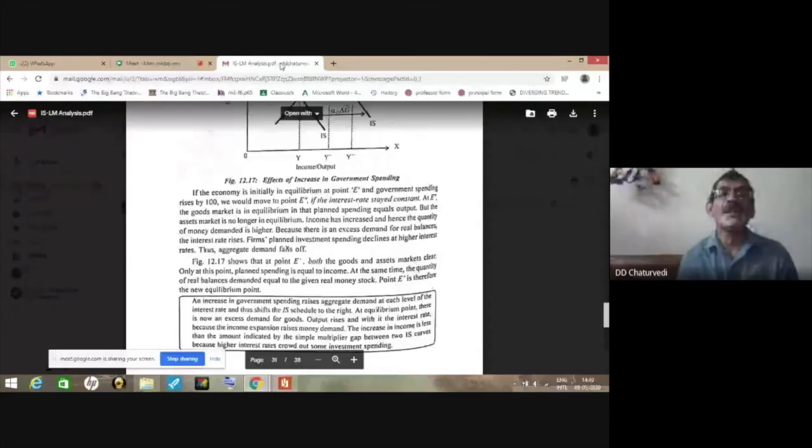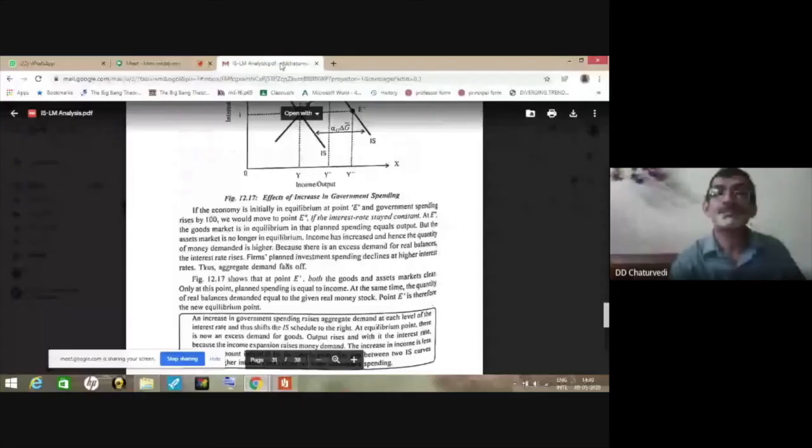So only at this point planned spending is equal to income. At the same time, the quantity of real balances demanded equals the real money stock. So point E dash is the point before you.